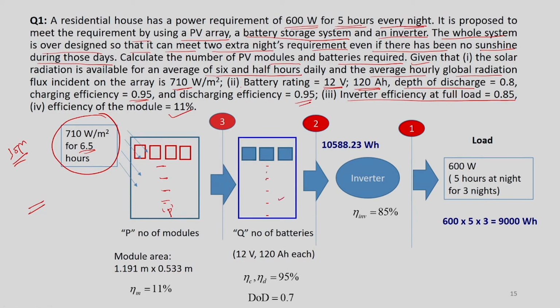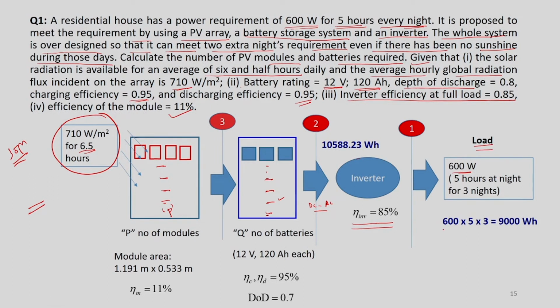The number of batteries we need to find out, and then we need to convert this DC current to AC by using this inverter. The inverter has an efficiency of 85%, and then the load is given, 600 watt, 5 hours per day for 3 nights.